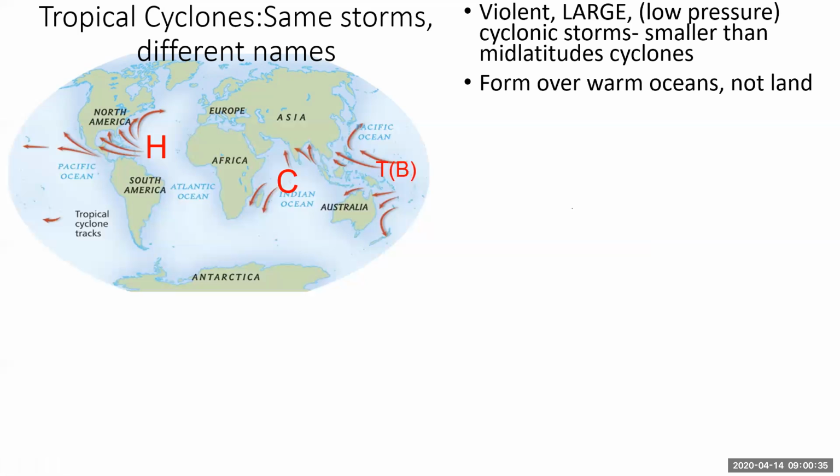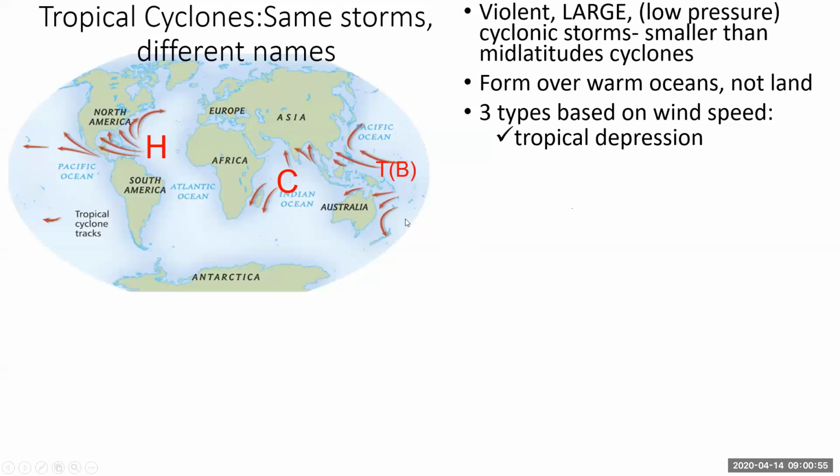I'm going to tell you the different names that they're called, but here are some of the rules about when tropical storms eventually become a hurricane. Based on the speed of the wind they're moving at over the ocean, they usually start out as a tropical depression. The ones we get here in the Caribbean build up somewhere around the tropical region, and they usually start in the middle of the ocean as a tropical depression.